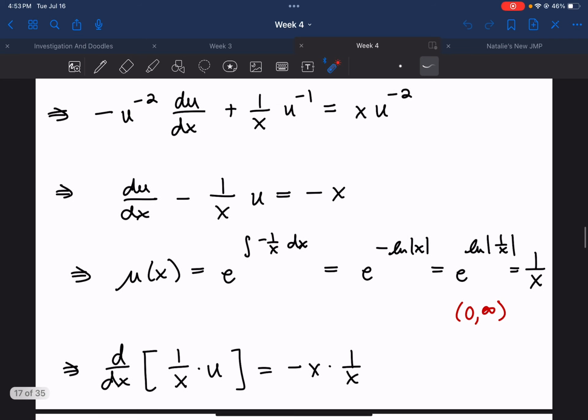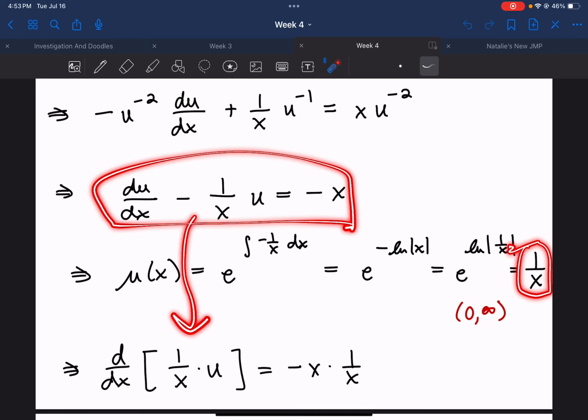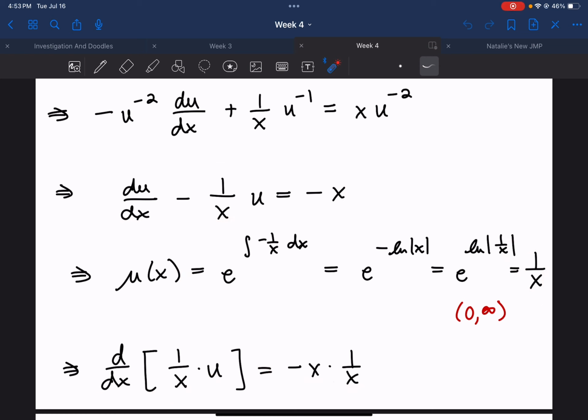Which means, now that I have my integrating factor, I know that this equation is going to become d/dx of integrating factor times u equals q times integrating factor. Right? This is how you solve linear equations.